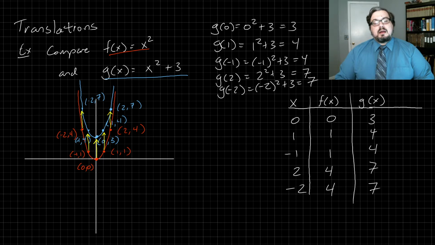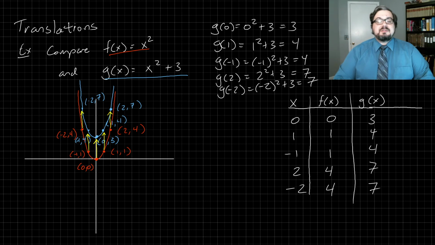So what this example shows is the general principle that adding a number to a function on the outside of everything will shift the function vertically.